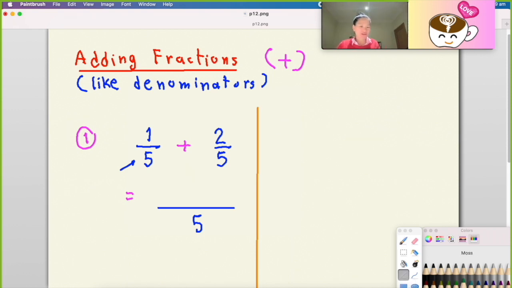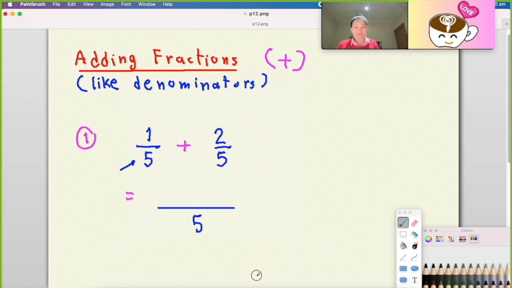Let me show you from here. I delete this one first. The denominator is like this.